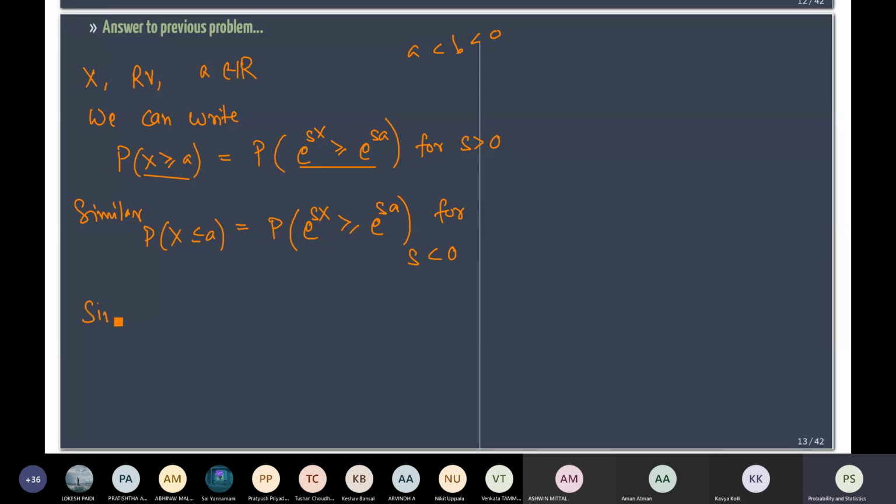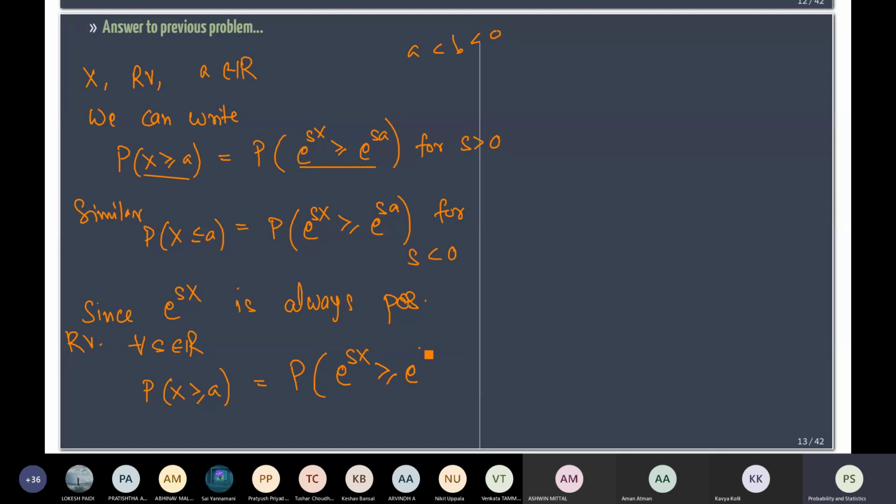So since exponential of sX is always a positive random variable for all s in R, regardless of whether s is negative or positive, we can write the probability that X is greater than or equal to A is the probability that e to the sX is greater than or equal to e to the sA. I'm just copying over for the moment.